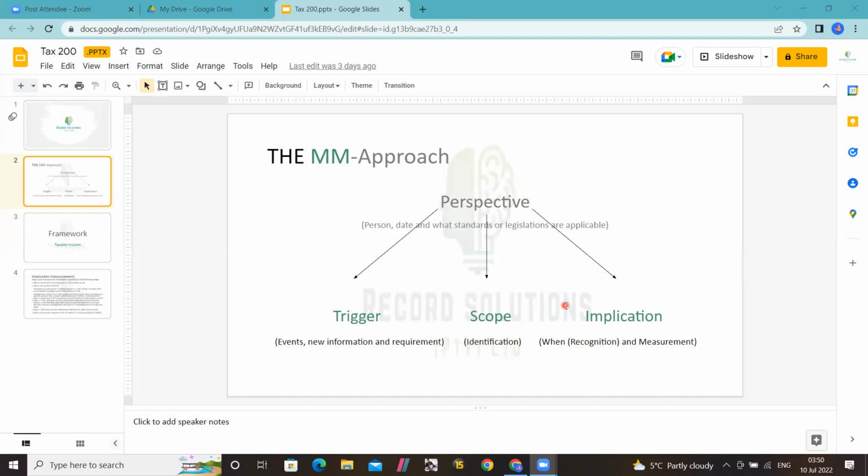It's either things that happened this year, so that's an event that occurred this year, and there are other events that occurred in other years of assessment. Like for instance, if we have prepaid expenses, that's an event, but it occurred in another year of assessment. And then we also have events that occurred in previous years of assessment.